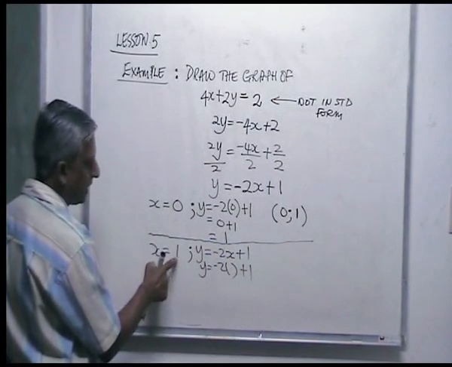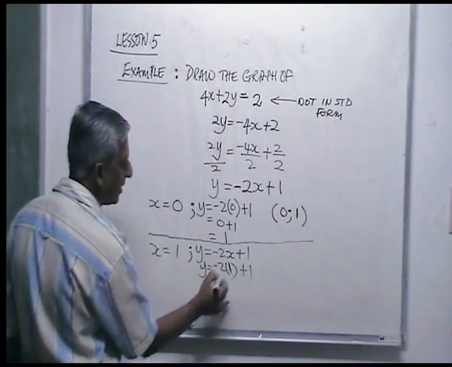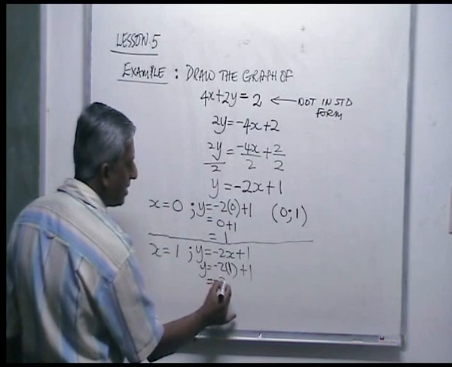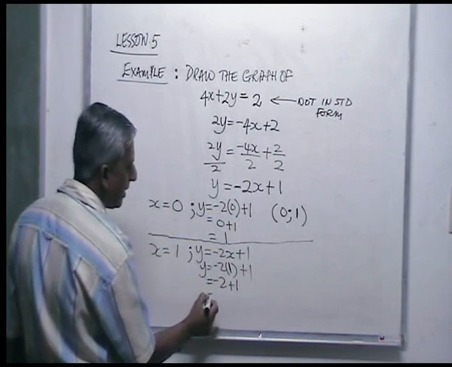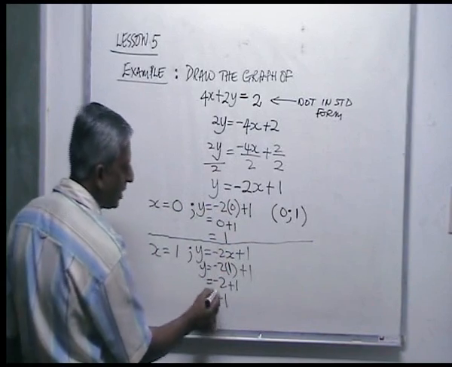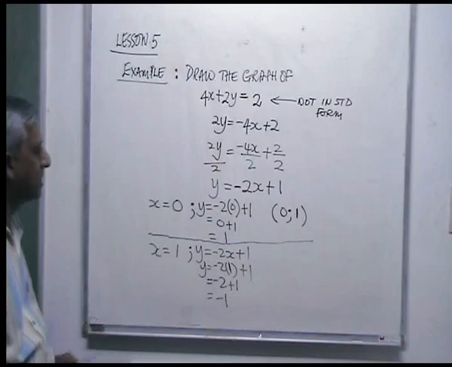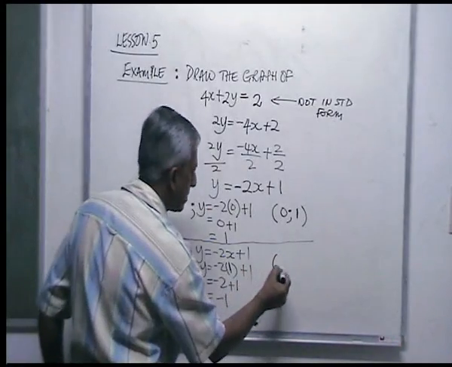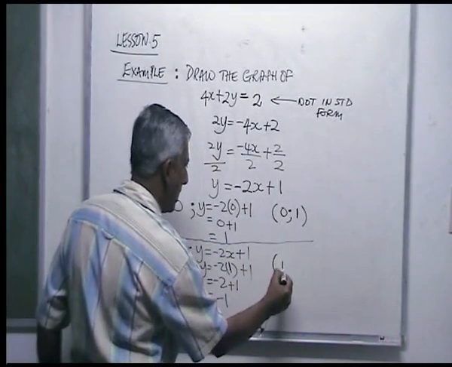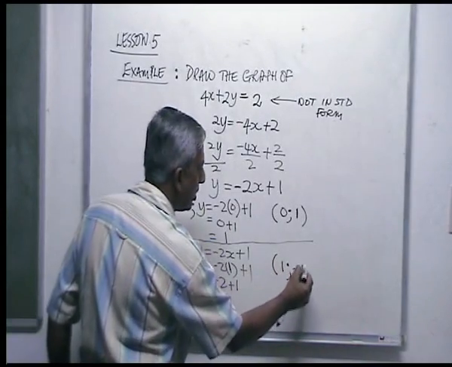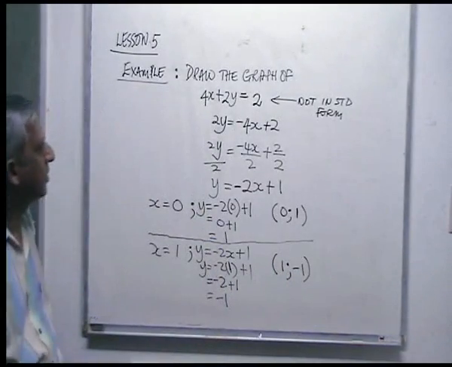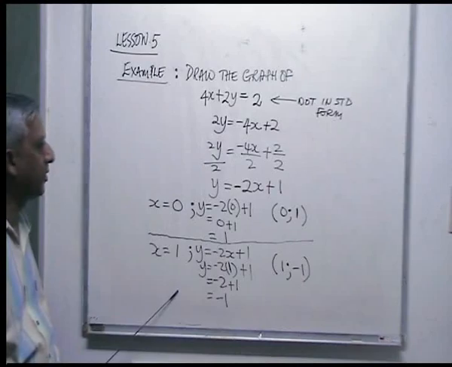Right, what is x now? X is 1, so put the 1 in there. So y is minus 2 plus 1. And that gives you minus 1. Alright, so we've got our second ordered pair, which is 1 and minus 1.